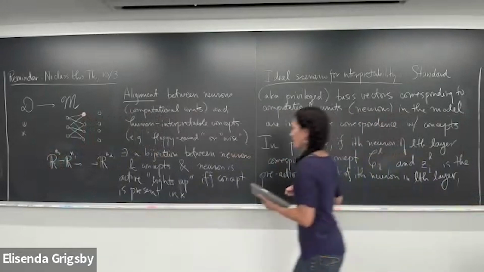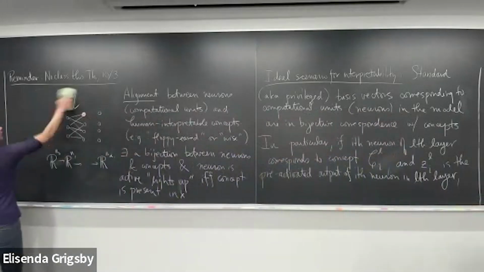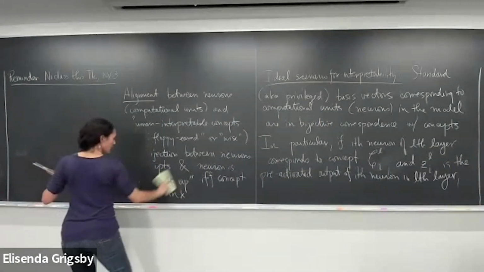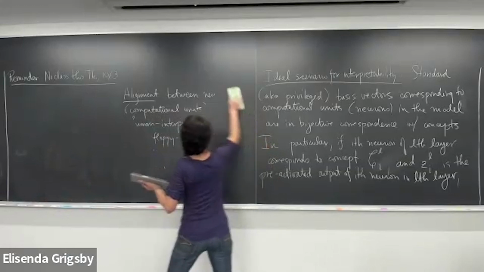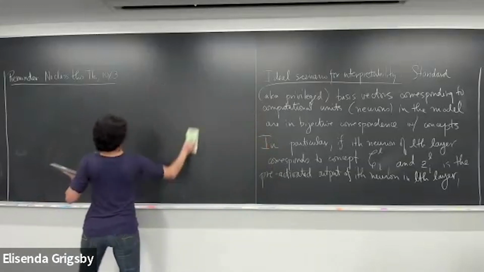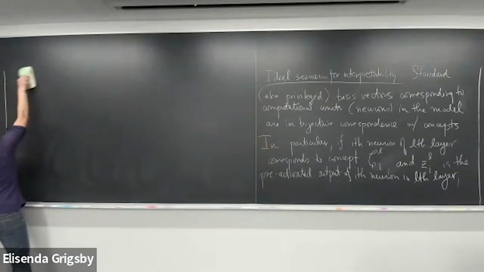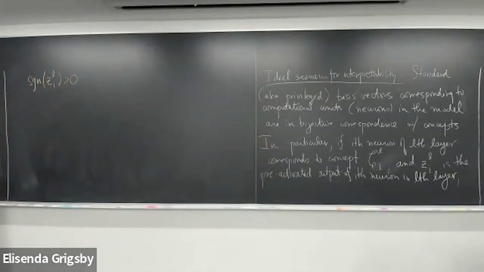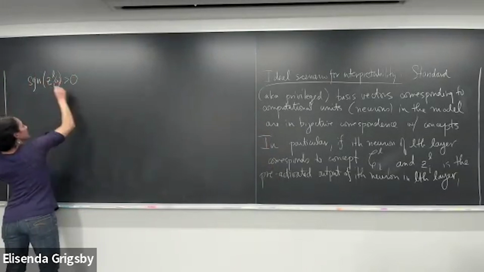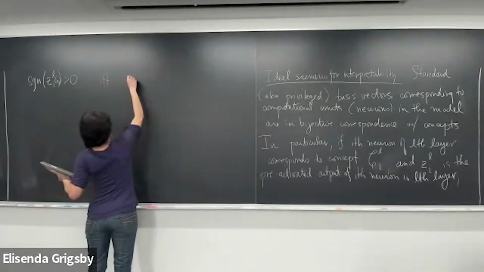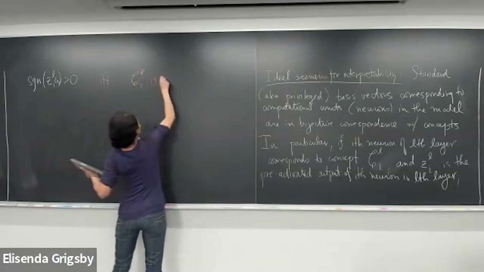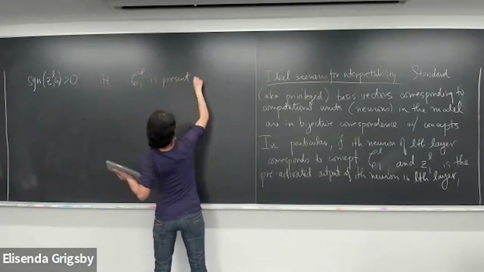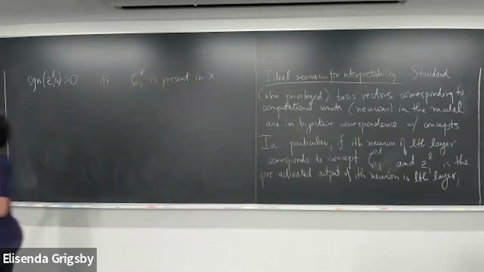The point is that the sign of that pre-activation is saying that the neuron is active on a data point X, and the concept is present or embodied by this data point.